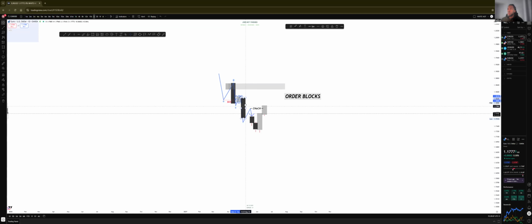If we had the same candlestick pattern right here, would this be a strong supply? Of course. Why? Because this high right here, this high, led to this low and broke underneath this structure.